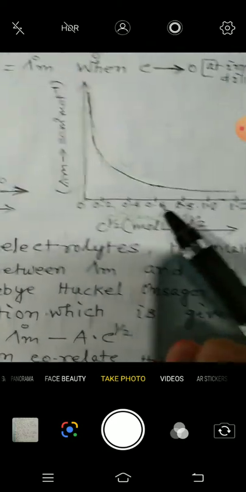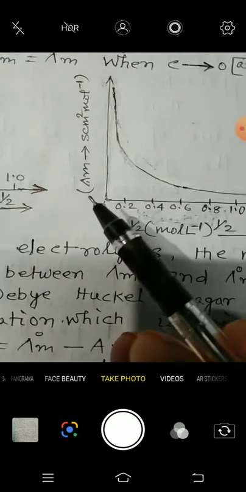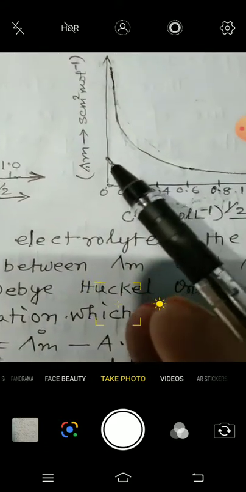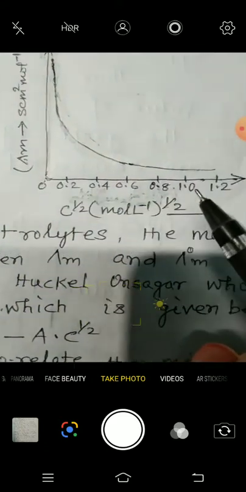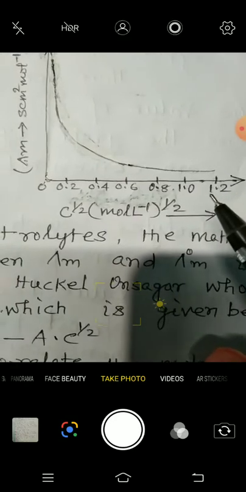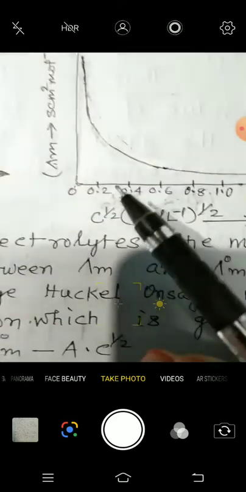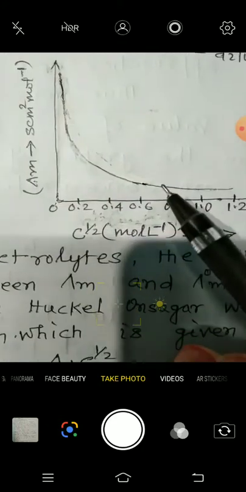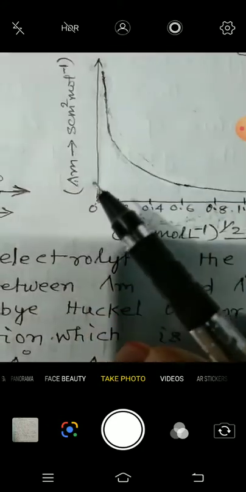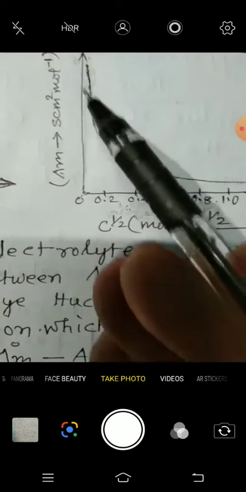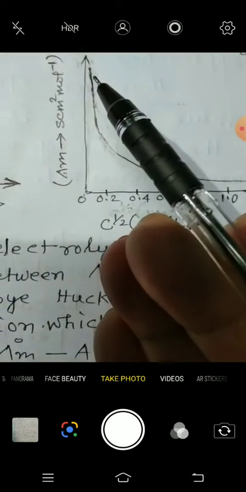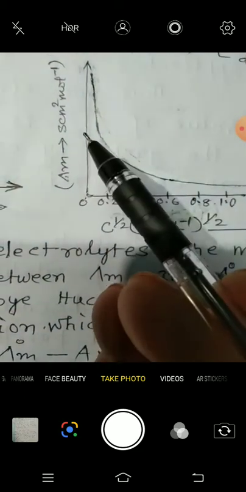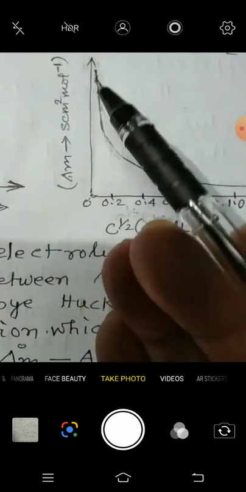But in the case of a weak electrolyte, it is impossible to get the molar conductivity at infinite dilution. This is clear from this graph. This is the graph of acetic acid, CH3COOH, and here you see the graph becomes almost parallel to the axis of molar conductivity.